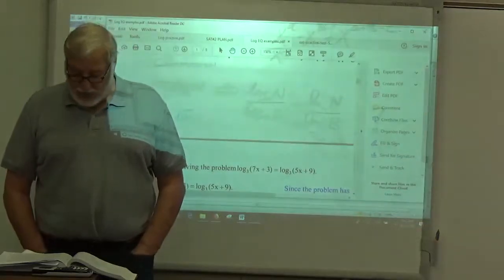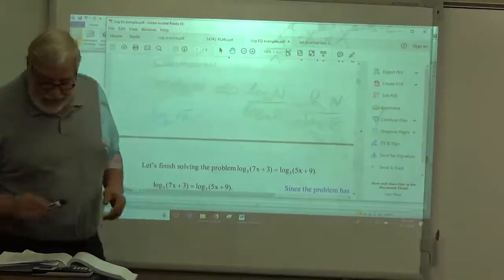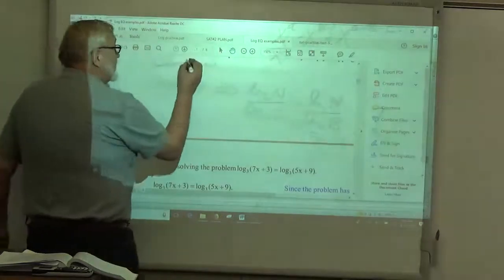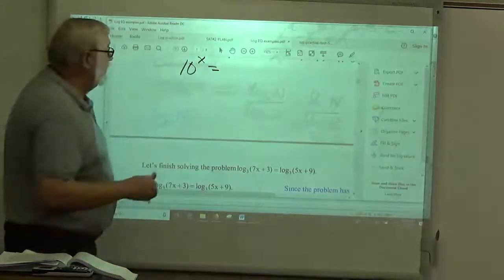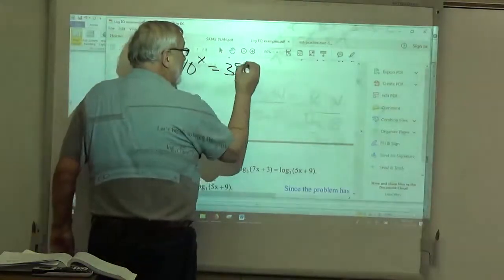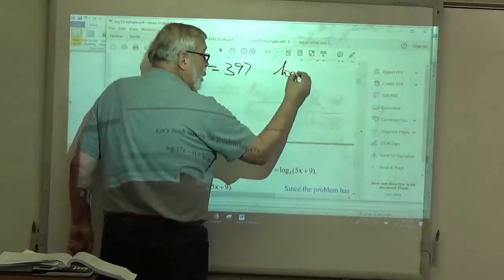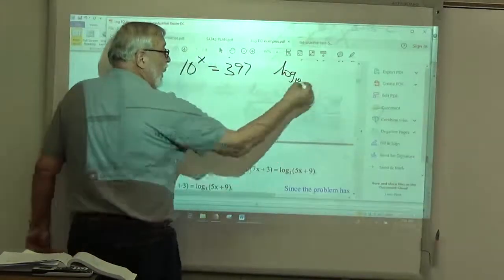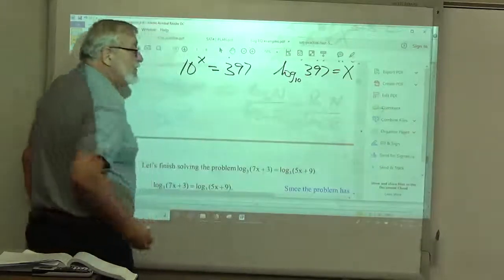In problem 1, log of what base? 10, thank you, somebody. This says 10 to the x equals 397. All right, based on the definition, this is log base 10 of 397 equals the exponent, which is x.